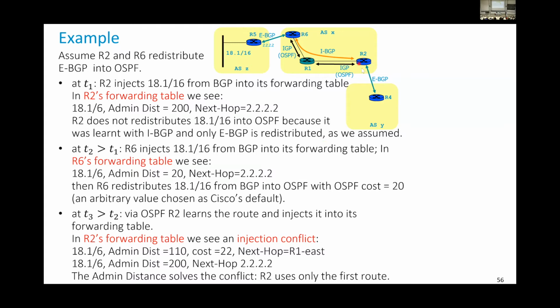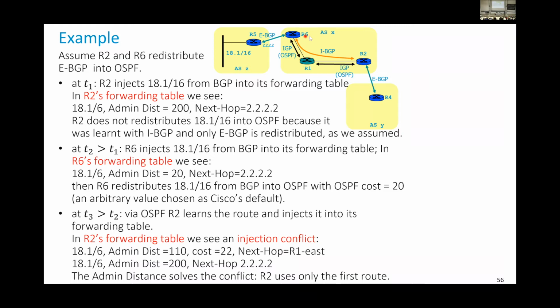So now R2 will learn about this prefix with a distance that will be the distance from R2 to R6 plus the distance that has been put here when Ebgp writes into the forwarding table this external route. Now, what is the value that should be used? In fact, we don't know. But this version of Cisco's software used a default cost of 20.